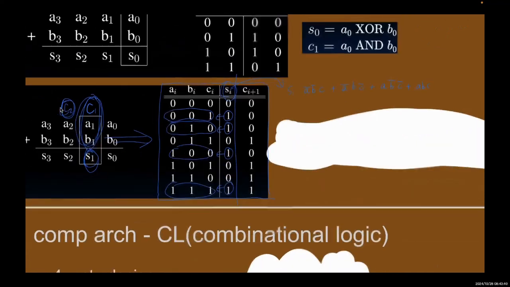This is the canonical form of Si from the truth table. Is that clear? Yeah. Okay.